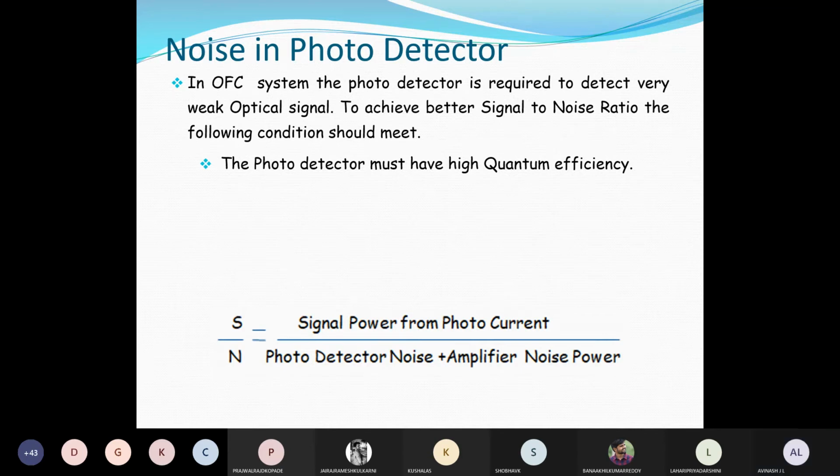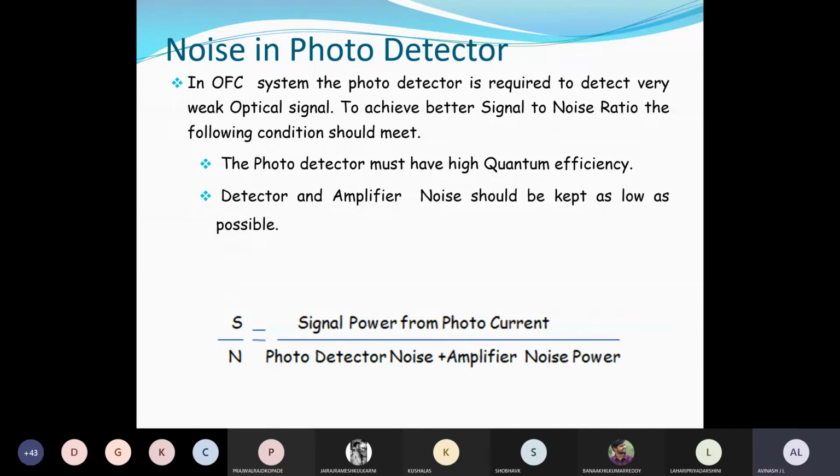So the photodetector must have a high quantum efficiency. That's the first thing. The second thing you can make a note of: detector and amplifier noise should be kept as low as possible. We need to maintain that situation and make sure photodetector and amplifier noise are kept as low as possible.